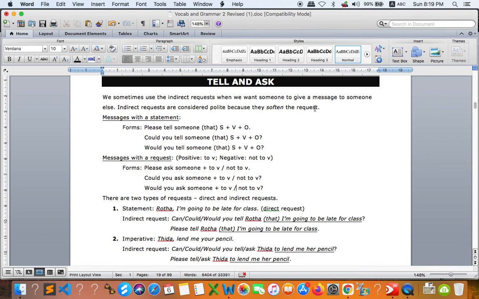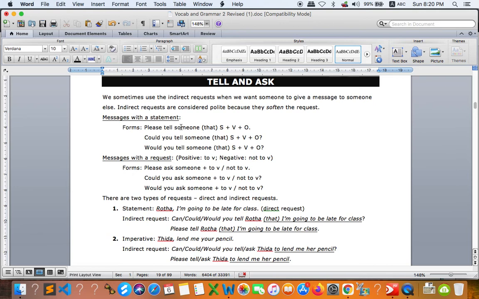Yes. So when you talk to that person by just saying I'm going to miss the class, it's a request, all right, but it seems to be informal, impolite. So to make it polite, to soften the request, maybe you can consider using indirect request like tell and ask. All right, so take a look at the forms right here.